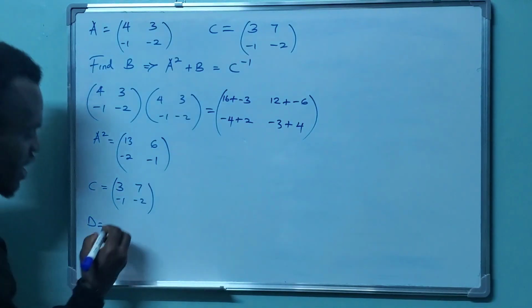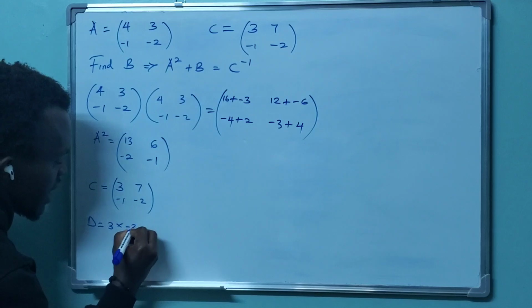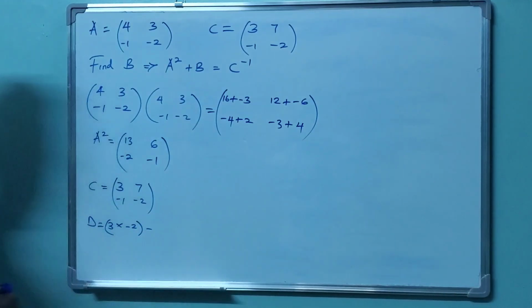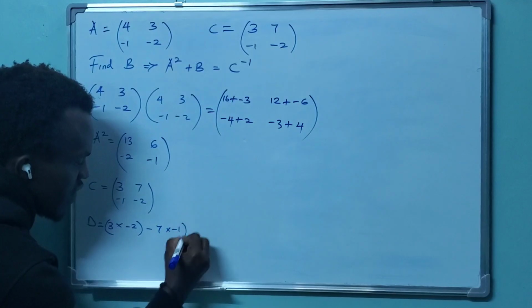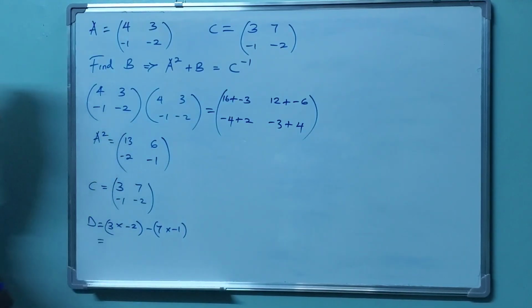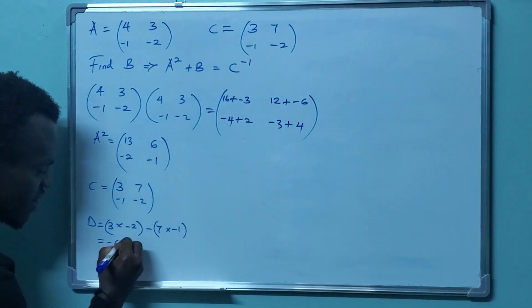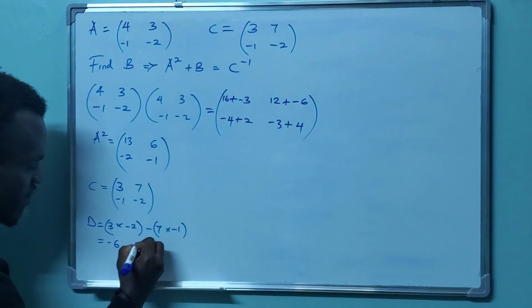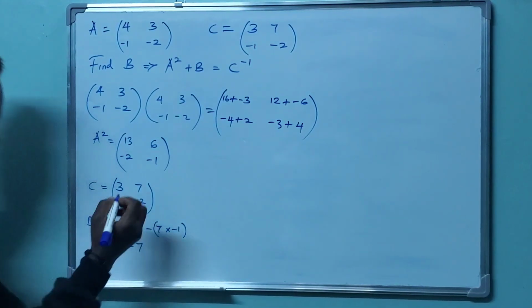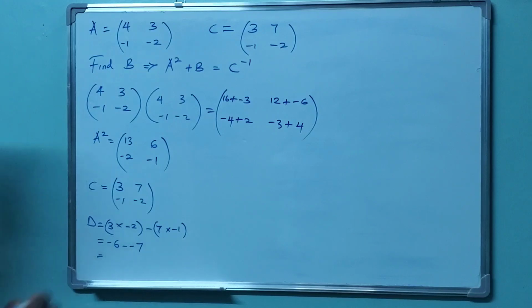The product of the leading diagonal is 3 multiplied by negative 2, subtract the product of the end diagonal, which is 7 multiplied by negative 1. What am I going to get there? I'm going to get negative 6, subtract 7 multiplied by negative 1, that is negative 7. So negative 6 plus 7, that one is 1. The inverse of 1 is just 1.